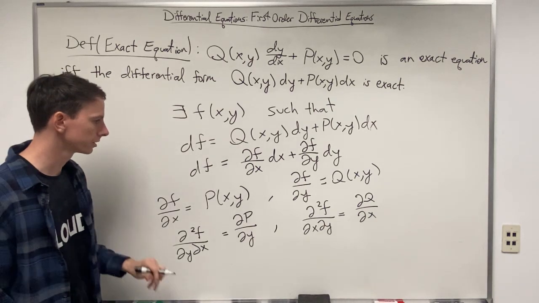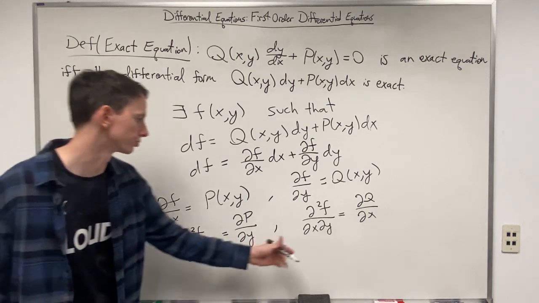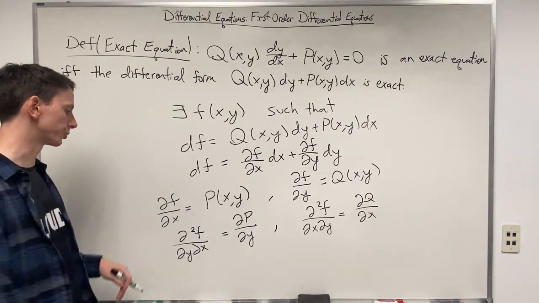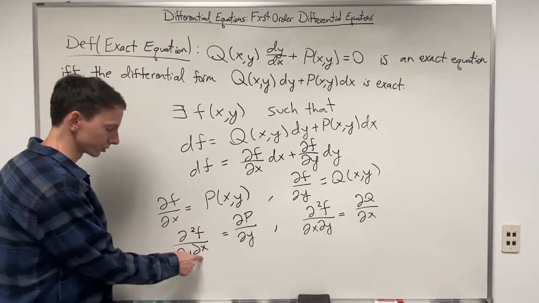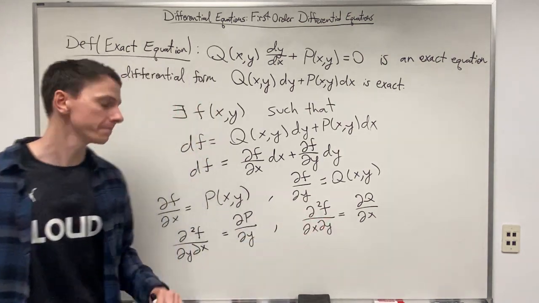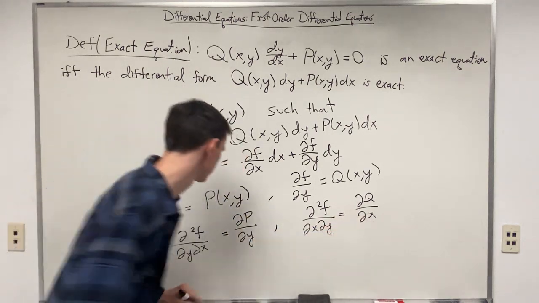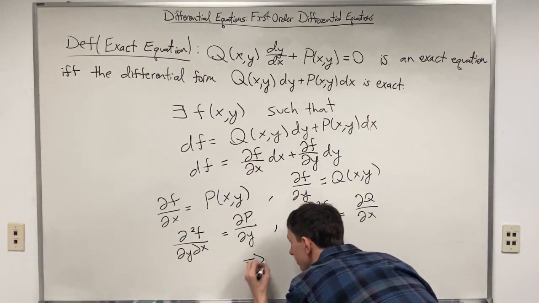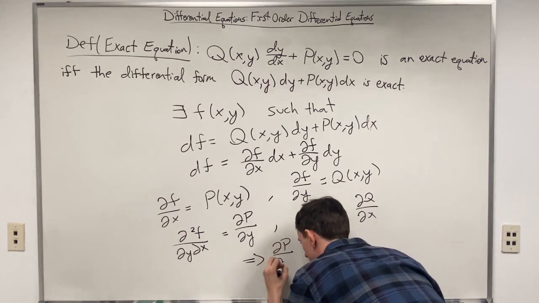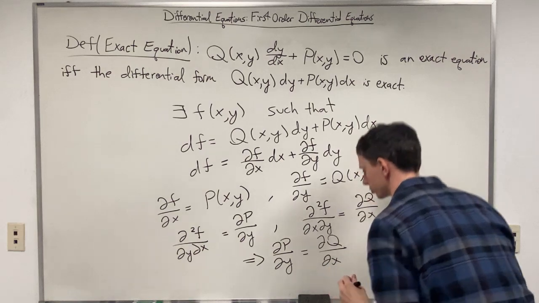And then because mixed second order partial derivatives are equal, in other words, we know that partial squared f partial y partial x is going to be equal to partial squared f partial x partial y, that says this needs to equal this. So this implies that partial p partial y equals partial q partial x.